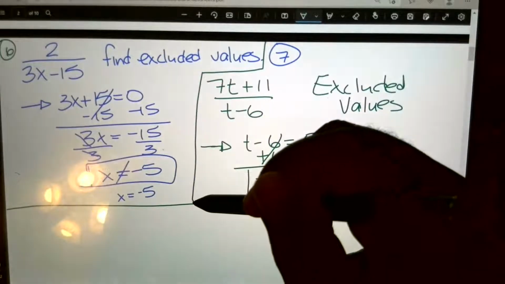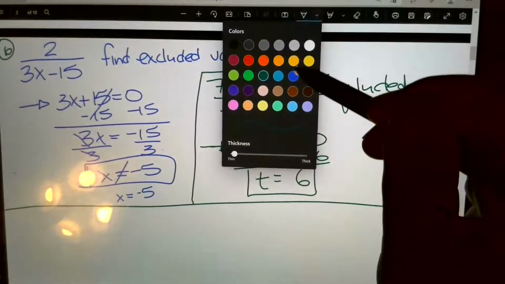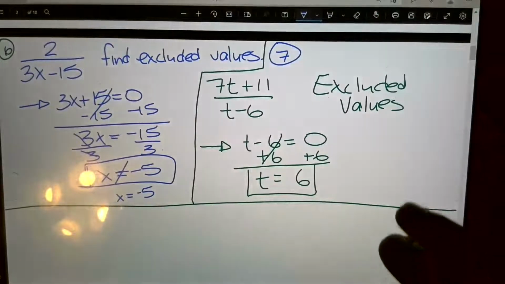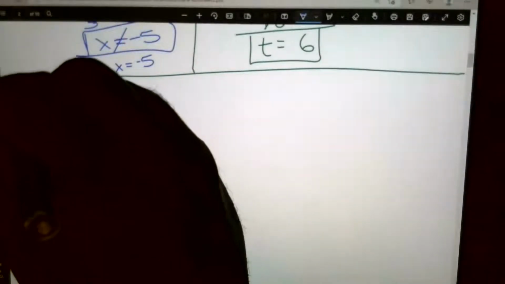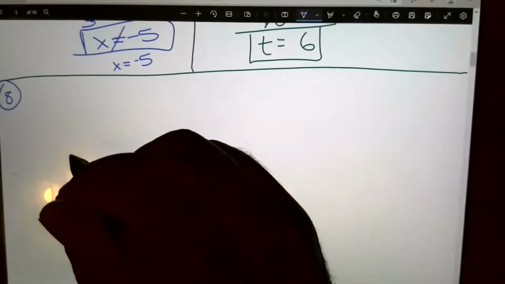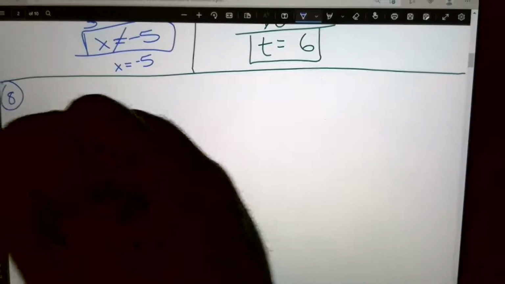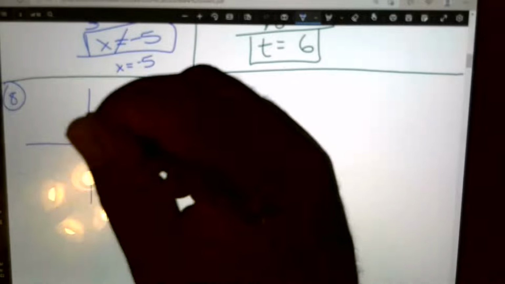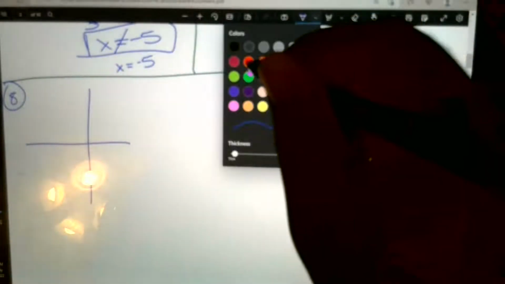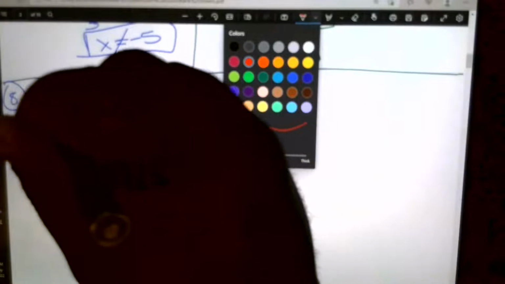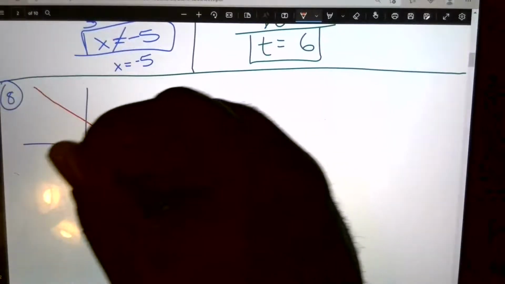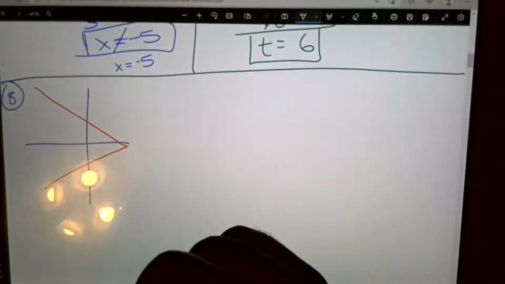The vertical line test is if you have a graph, and I'll sketch a couple of these. This is number 8. So, for example, one of the graphs looks like this. Like that.